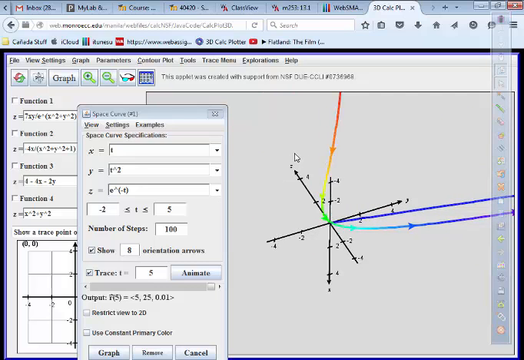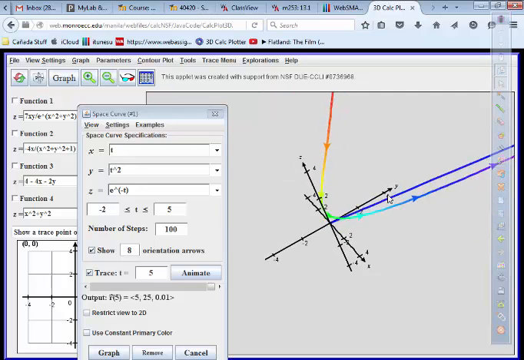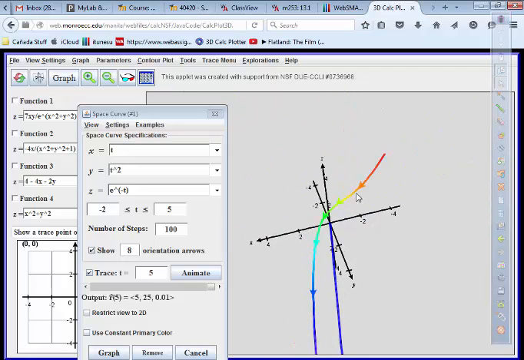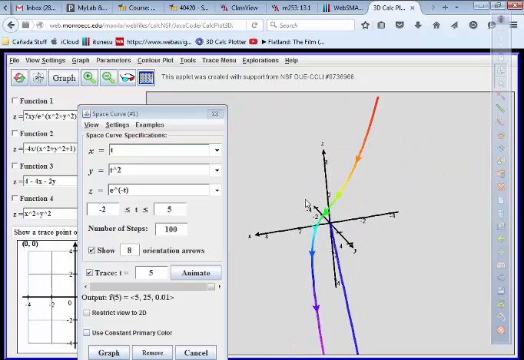Sometimes if you get a handle on this, it's hard to control how you rotate it. There you go. So x is pointing to the left, z is pointing straight up, and y is kind of going towards you. And let's take a look at the animation again.